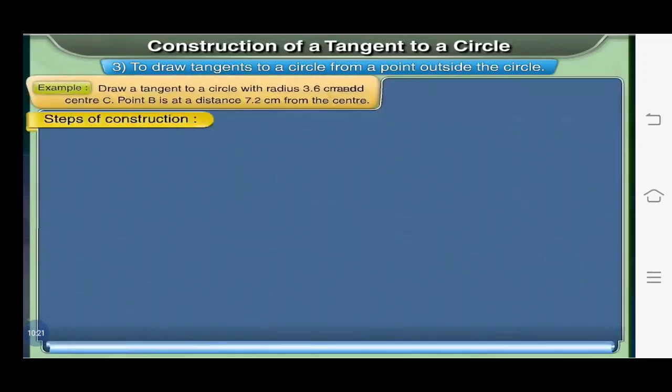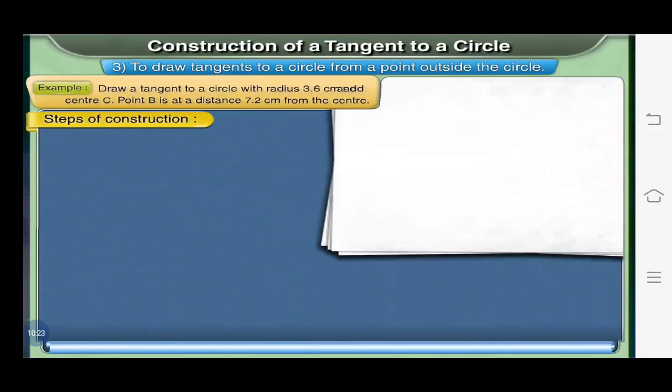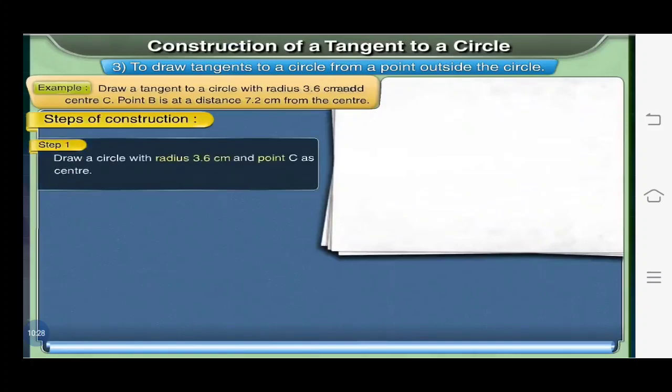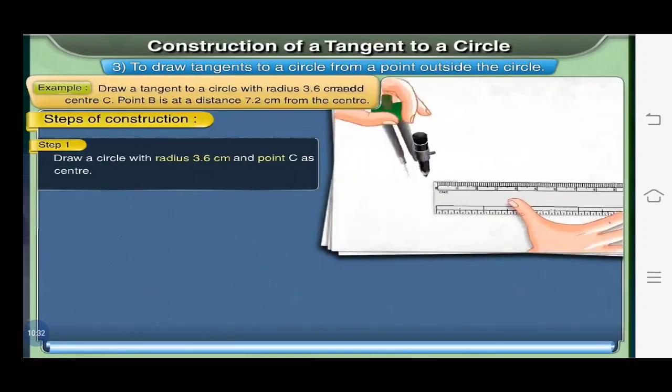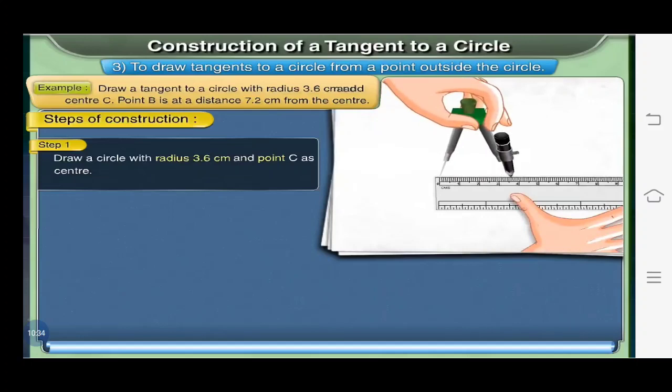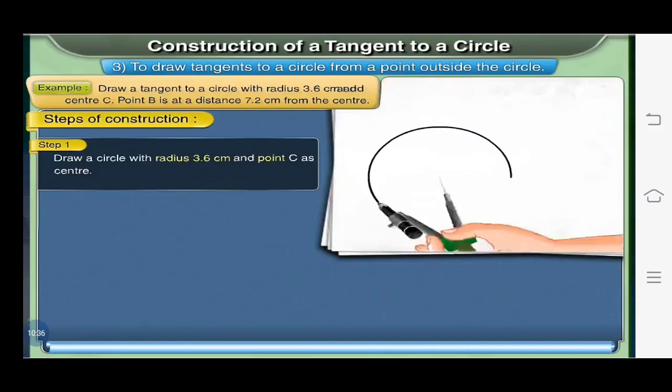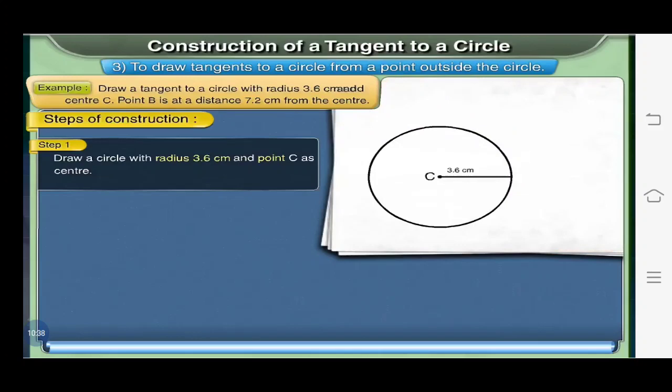Step 1. Draw a circle with center C and radius 3.6 centimeter. Take point B such that CB is equal to 7.2 centimeter.